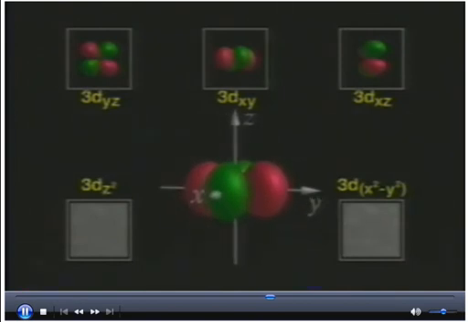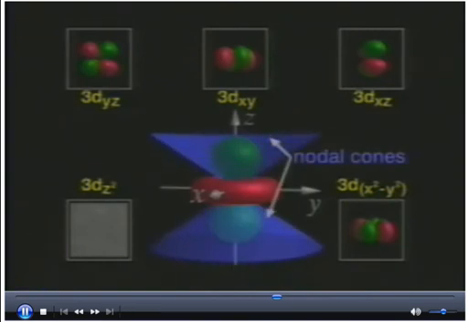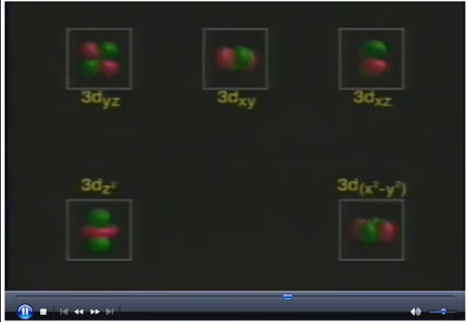This orbital is named the dx squared minus y squared orbital. The 5th d orbital has a unique shape. Its 2 nodal surfaces are nodal cones. This orbital is called the 3dz squared orbital. These are the orbitals of the valence electrons of the 10 transition metals.